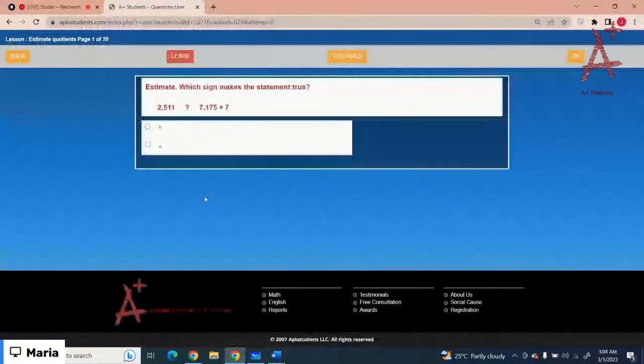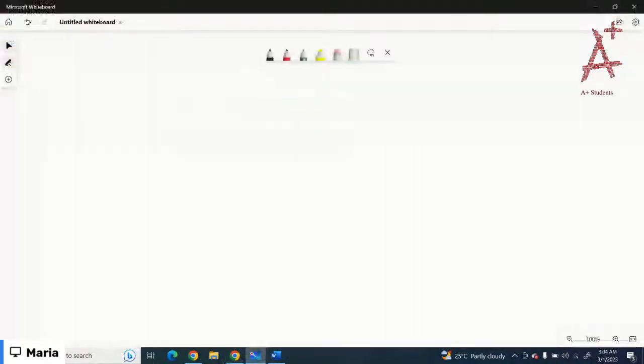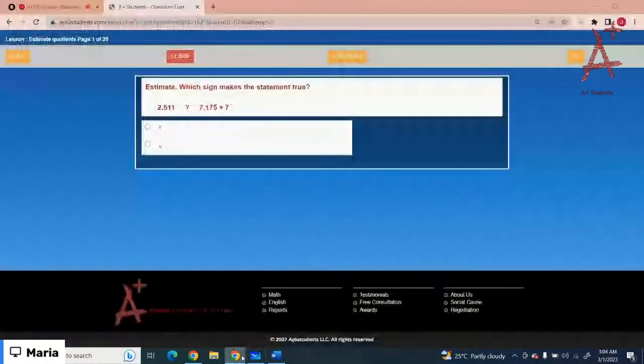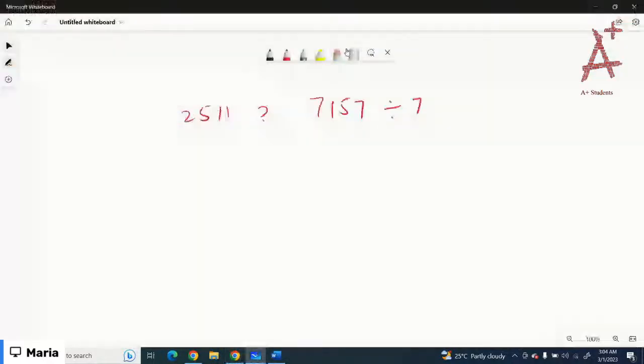Okay, the first one is 2,511 and the missing sign, that equals 7,170 divided by 7.